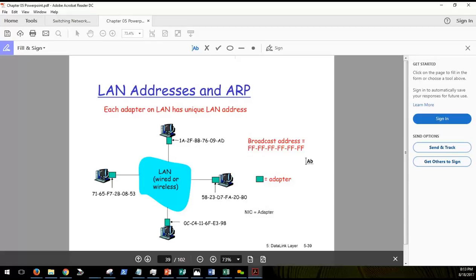How many bits does it take to represent one hexadecimal digit? You remember our conversation on Tuesday?